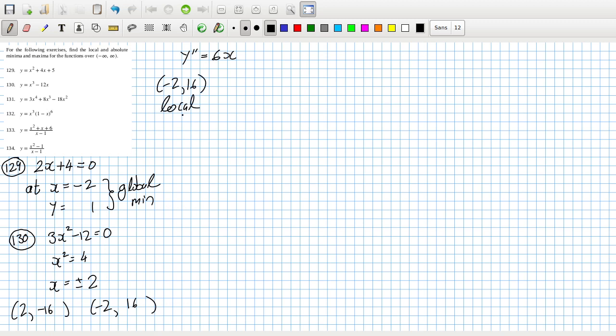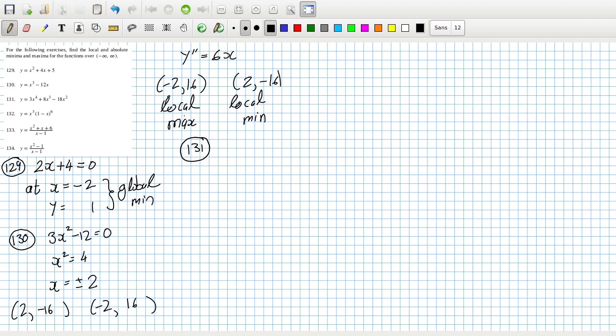Oh, sorry, the x. I'm looking at the y. The x negative, so local max. And then 2, minus 16 is local min.